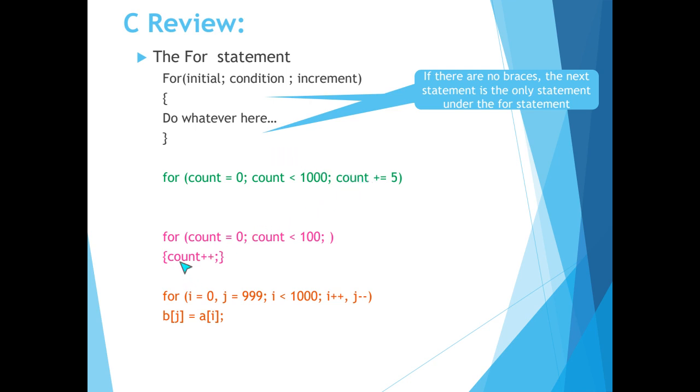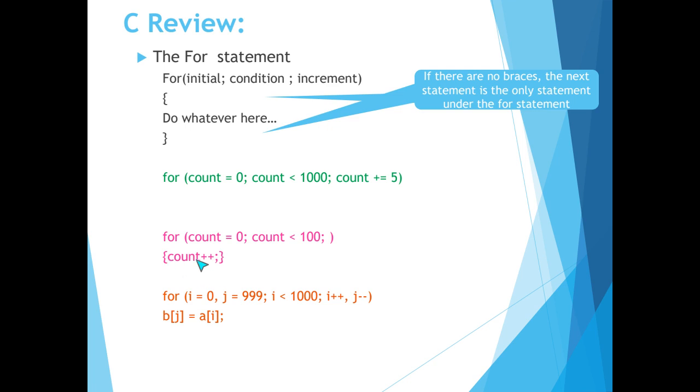Or for example, here, for count equals 0, semicolon, count less than 100, this term is our condition, semicolon, and the parenthesis is closed, and inside curly braces, do whatever you want, the body of the for control structure.